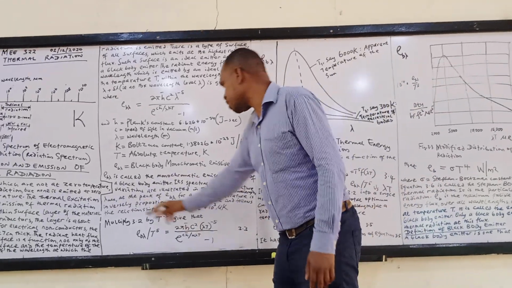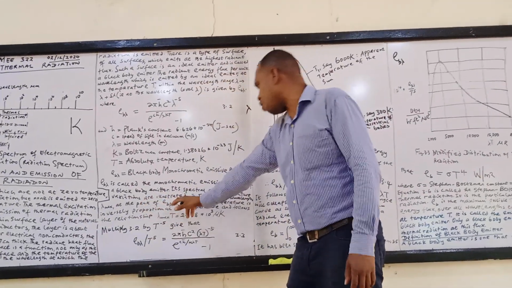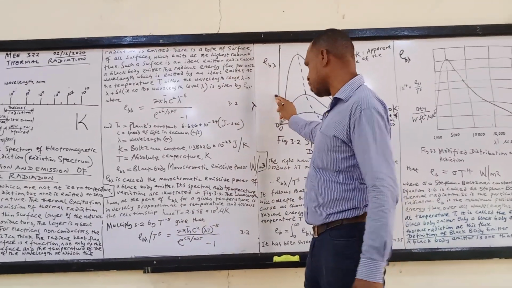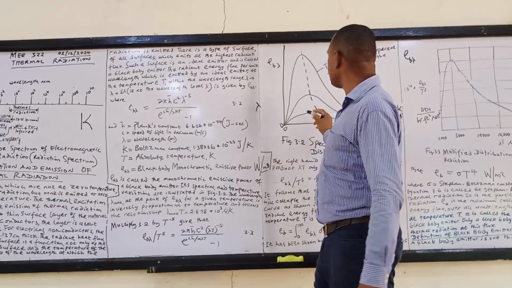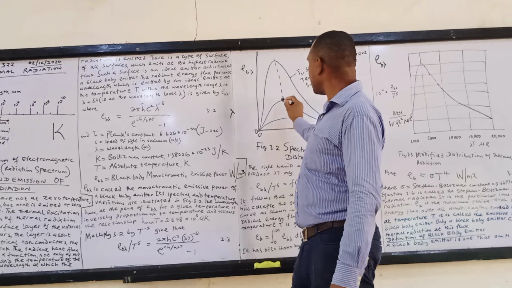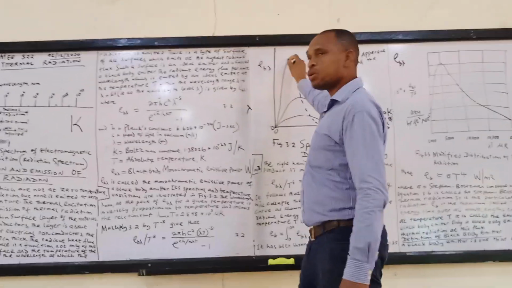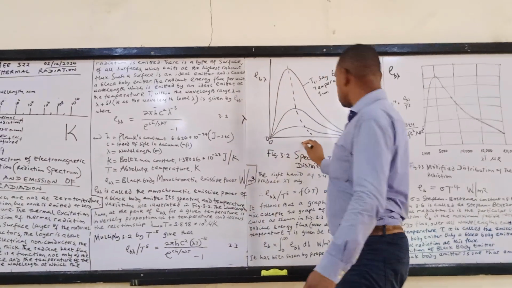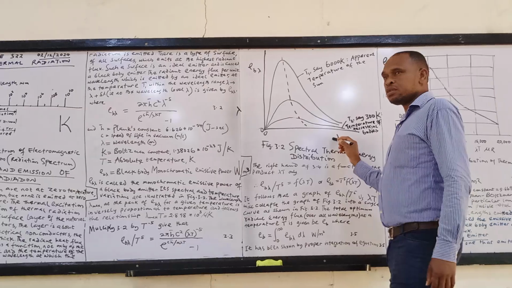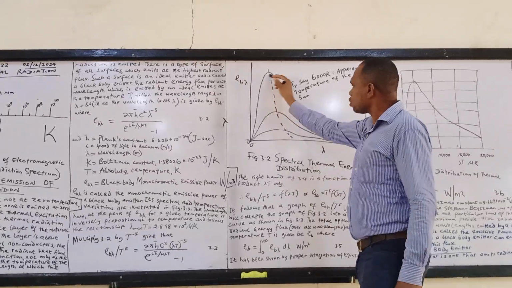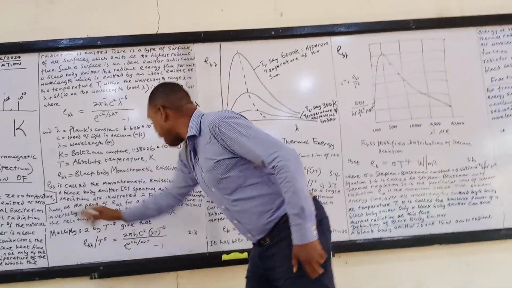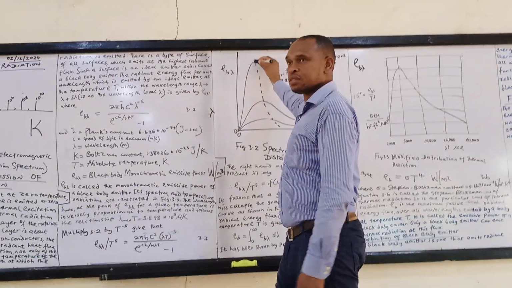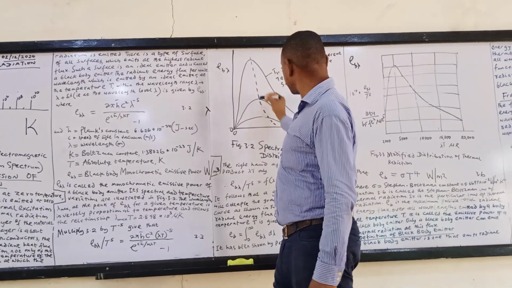So the wavelength lambda max at the peak of E_b lambda, this is E_b lambda, for a given temperature, this is temperature 1, this is another temperature, this is another temperature, and this is lambda. For any given temperature, that's what I'm trying to say. This is lambda max, this is lambda max, this is lambda max.